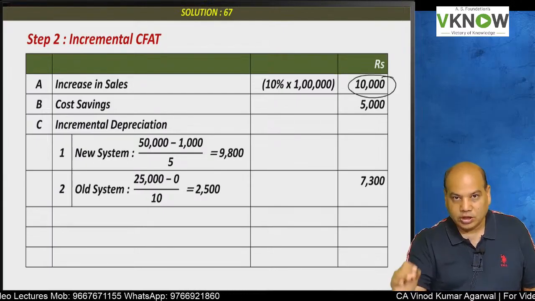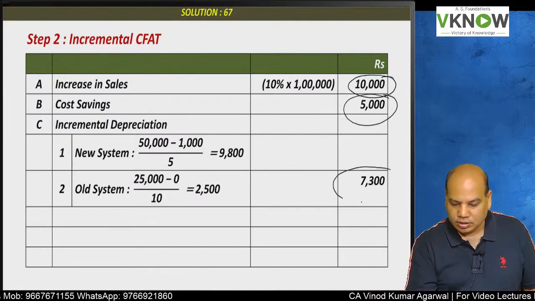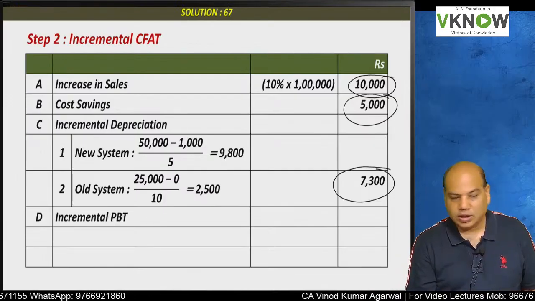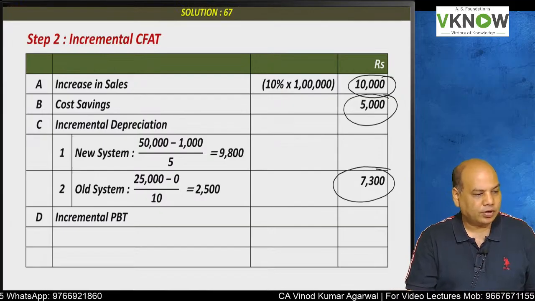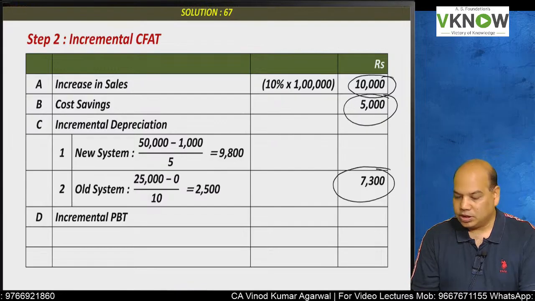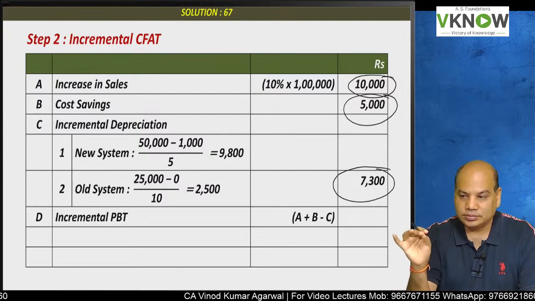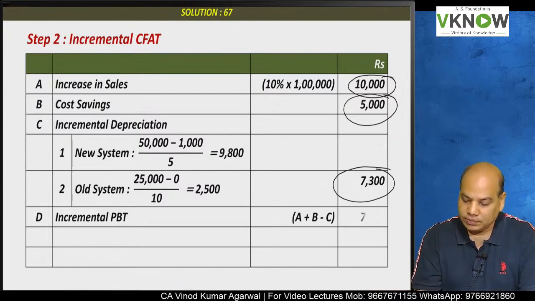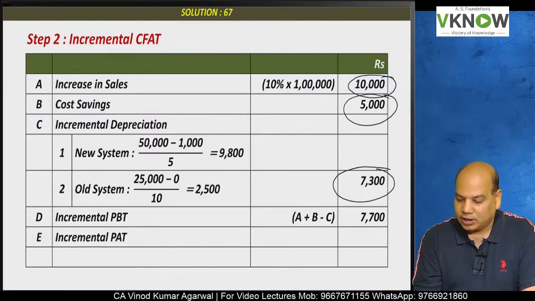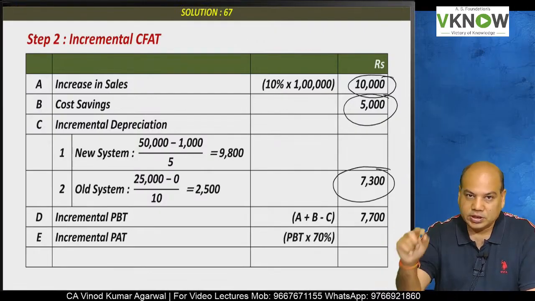Sales will increase profit. Cost saving will increase profit. Depreciation will decrease profit. Therefore, incremental PBT is A plus B minus C, your taxable income will increase by 7,700. And incremental PAT, tax rate is 30%, so 70% will be PAT.